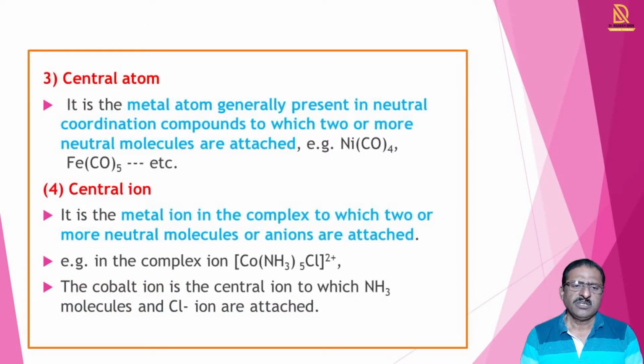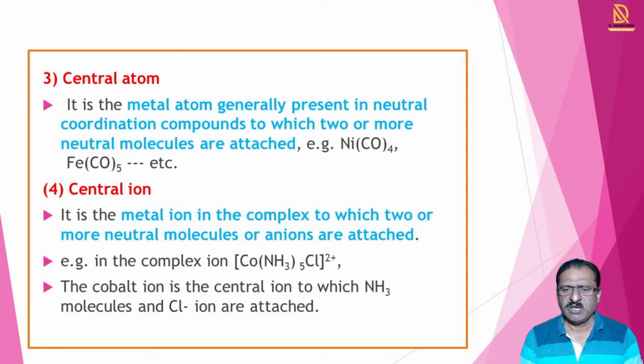Now we see the third term used mainly in coordination chemistry, the central atom. The central atom is the metal atom, generally present in neutral coordination compounds, to which two or more neutral molecules are attached. We take various examples.